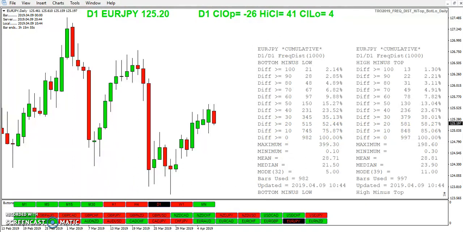So once again, the rat zone is between 0, the low, and 20 would be the bottom of the candle. And that would be the green rat zone. So the closer you get to that low, timing your entry, you have a much better chance of exiting that trade by the end of the day with profit.